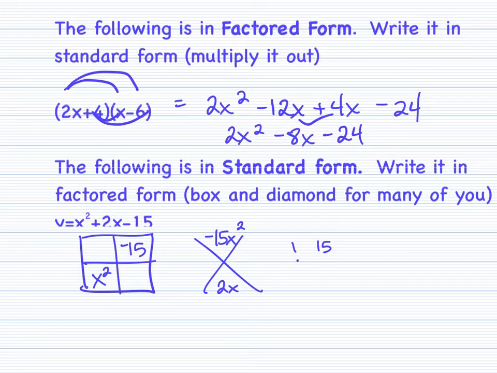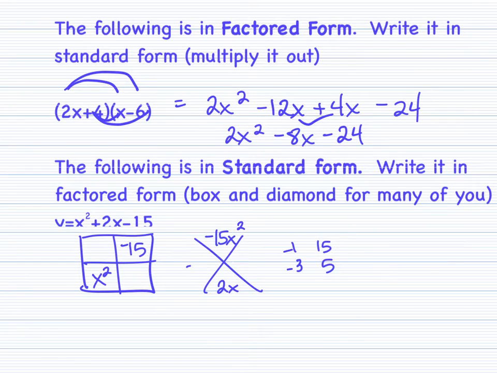1 and 15, not divisible by 2, and then 35. When the top is negative, that means one of our side numbers is going to be negative. If the bottom is positive, that means our smaller number has to be the negative one because they have to add up to be a positive.